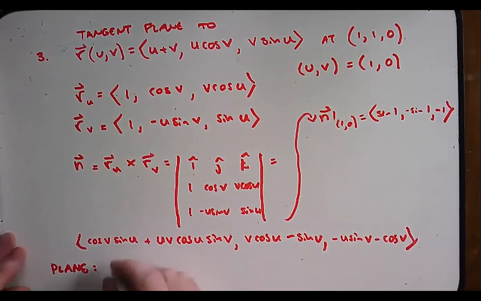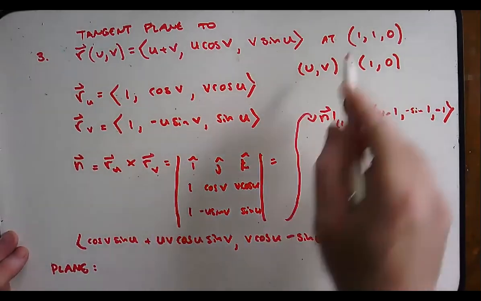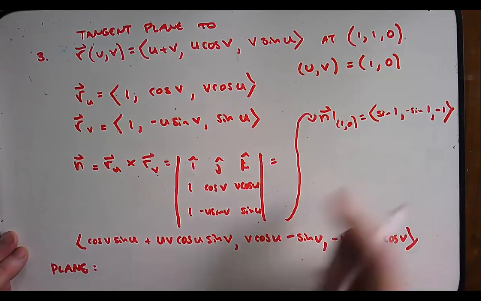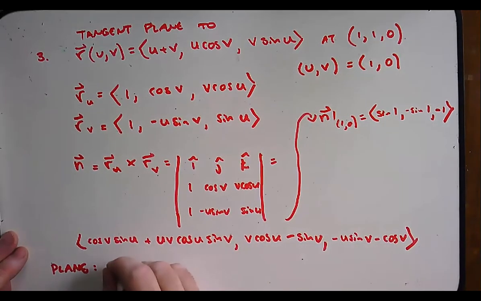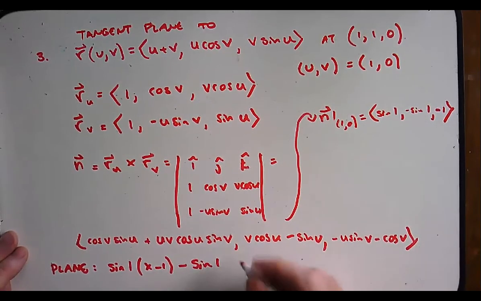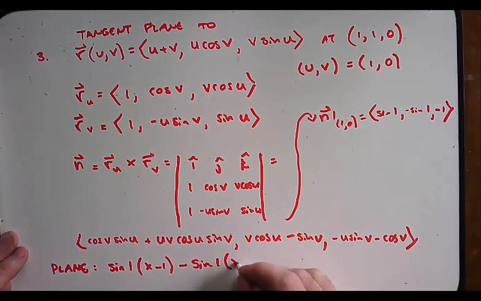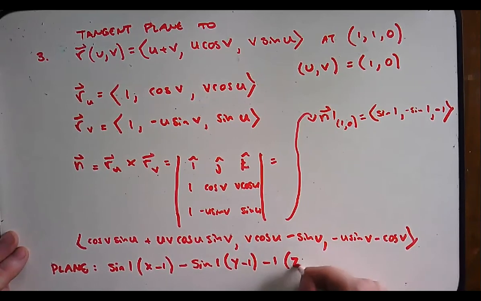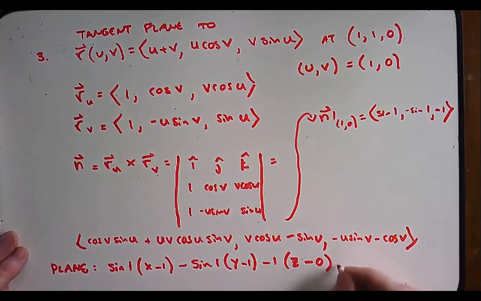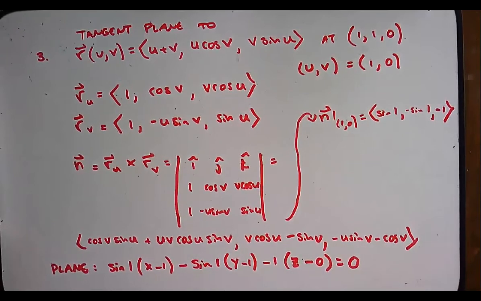So we will have, let's see, our point is x equals 1, so we'll have sine 1 times x minus 1, minus sine 1 times y minus 1, and then minus 1 times z minus 0 equals 0. And there's some simplifying that we could do here. I think we'll just leave it in that form for now.